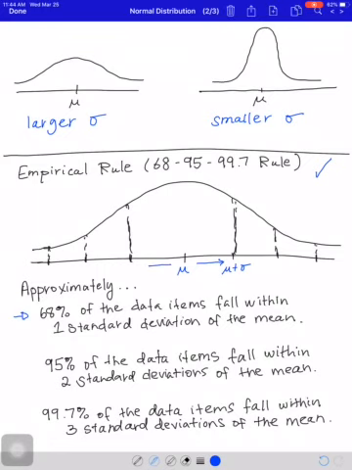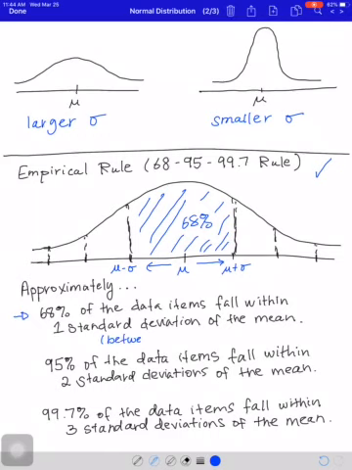And if I go one standard deviation below the mean, which would be mu minus sigma, then in this region we get 68% of all of our data items, or 68% of the total area under the curve lies within this region. So 68% of the data items fall within one standard deviation of the mean, or between mu minus sigma and mu plus sigma.